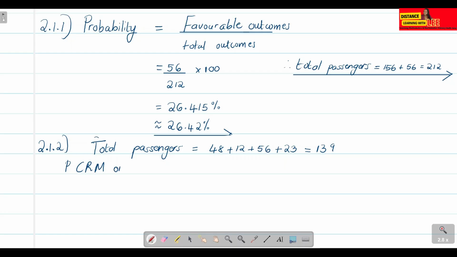Then to get the probability that a passenger selected at random is either a Russian male or a South African female, you add the probability that it's a Russian male plus the probability that the passenger is a South African female. What is the probability that it's a Russian male? Our favorable outcomes is 8.